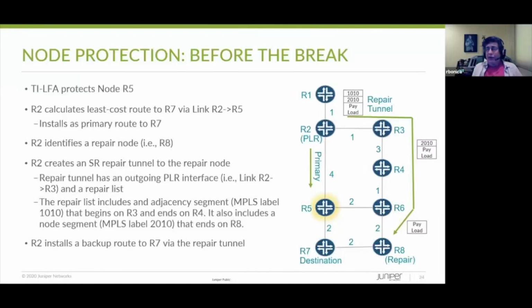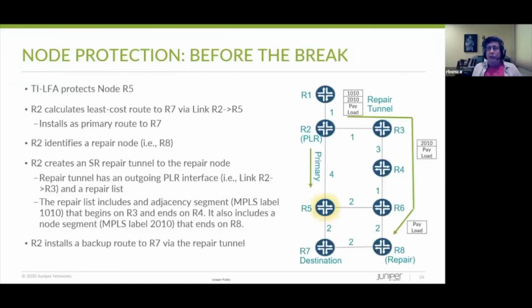So now you do not want R6 to be exercising that ECMP to R7. You don't want it sending traffic to R5. So your choice of repair tunnels changes. You don't want to use R4 as a repair tunnel because it would send traffic to R6 that would leverage the ECMP. You don't want to use R6 as a repair tunnel because it would leverage the ECMP. You want to use R8 as the repair tunnel.